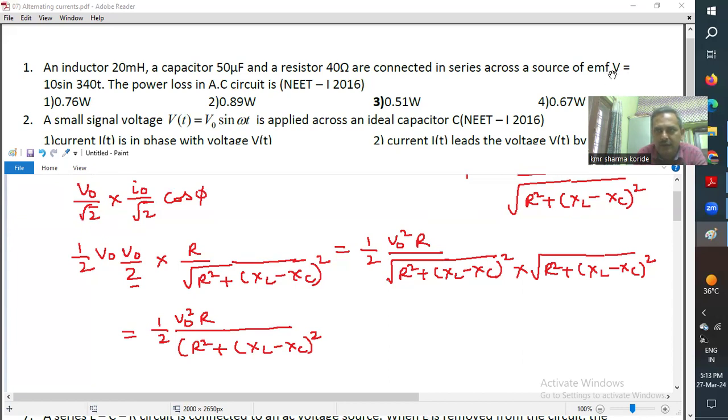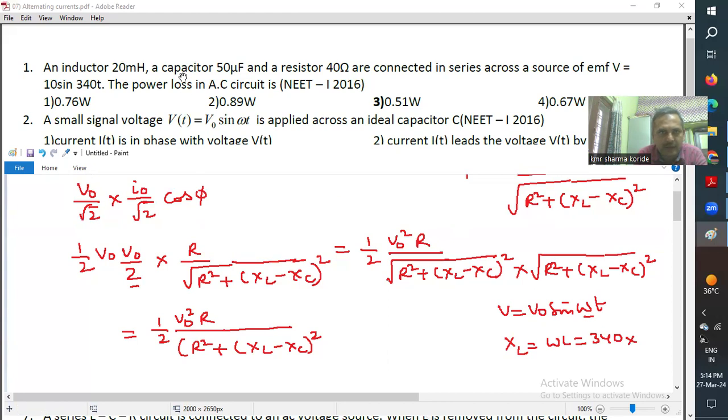In the equation, EMF V is equal to V naught sin omega t. So V naught is 10. Let us also find out XL and XC. XL is equal to omega L. Omega is 340, because V is equal to V naught sin omega t, so comparing, omega will be 340.